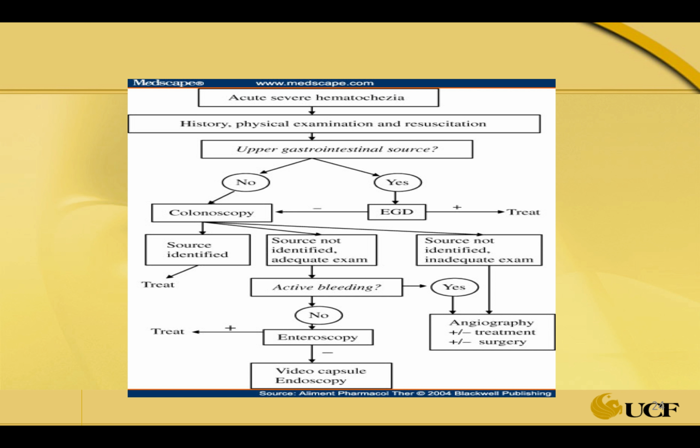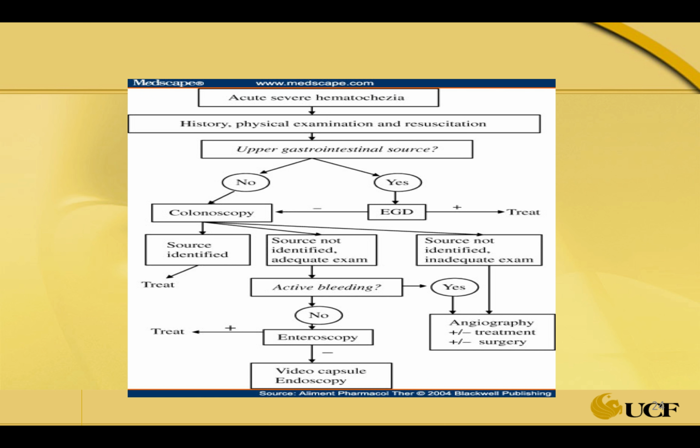And if that still points to active bleeding, we take the patient to interventional radiology for angiography, plus or minus treatment, or plus or minus surgery. If the source is not identified and there's an inadequate exam, also we go straight to angiography. So basically, the terminal decision here, the destination intervention, is angiography.